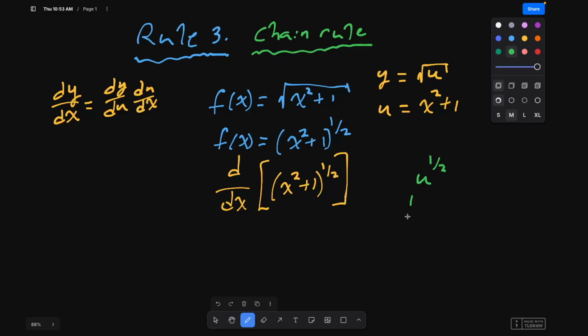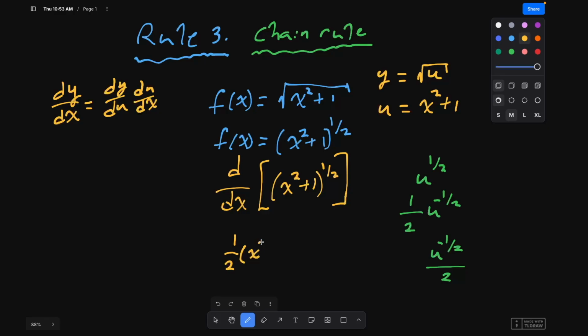We bring down the 1/2, and then we have u to the negative 1/2. We bring down the 1/2 and then subtract 1. So we get u to the negative 1/2 over 2. If we think of the inside function as u, and we want to do dy du, we bring down the exponent, the 1/2, and then we multiply it by u, and u is just equal to x squared plus 1.